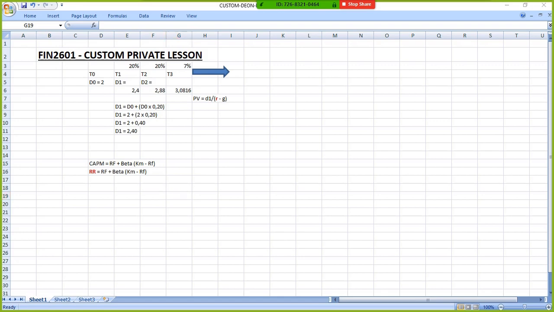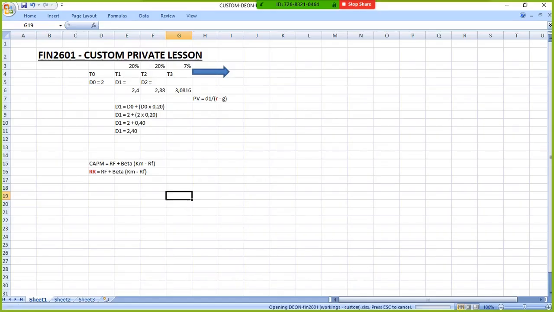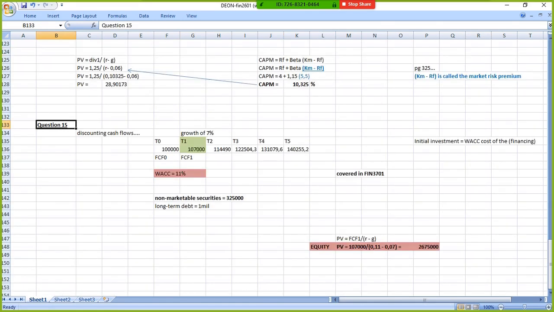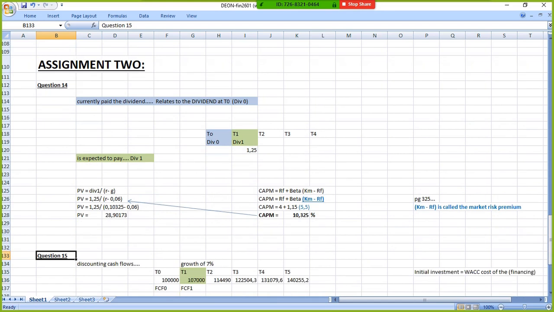Good. Just remember, you need to be specific here. A risk premium is different from a market risk premium. One is looking at the whole bracket and the other is looking at part of the bracket. Do you remember that we discussed that last time? I'm going to open up that file from last time to show you. It was question 14 of the assignment.